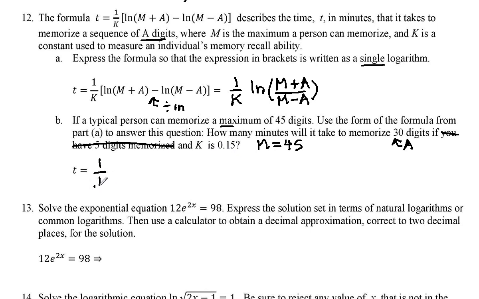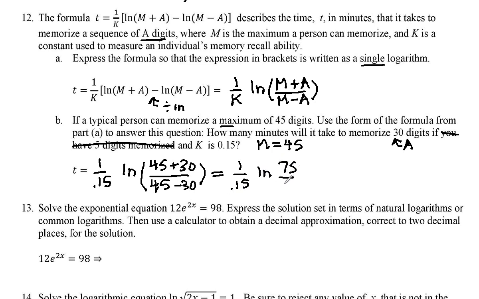So we're doing 1 over 0.15, natural log. Our M is 45. Our a is 30. So on the top, this is going to be 45 plus 30. On the bottom, it's going to be 45 minus 30. So that is 1 divided by 0.15. On the top, you've got 75. On the bottom, you've got 15. 75 over 15 is 5.